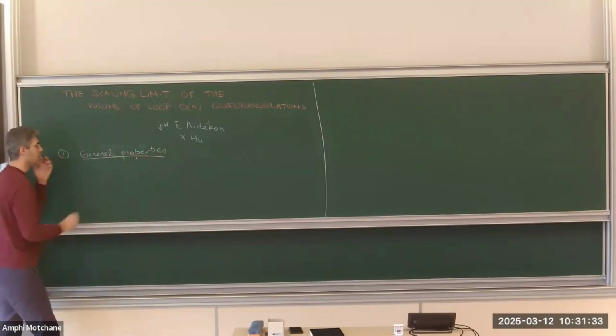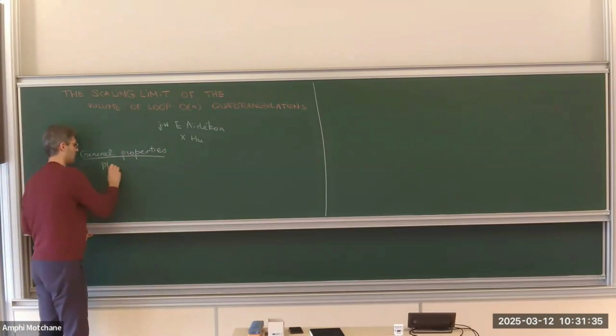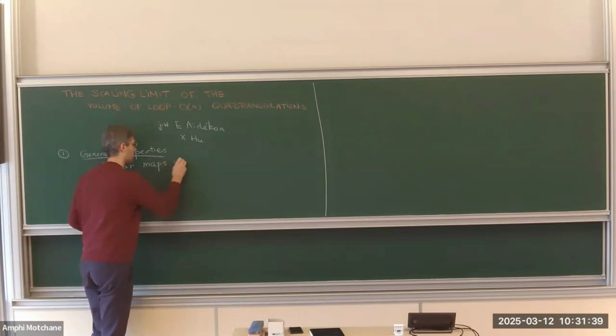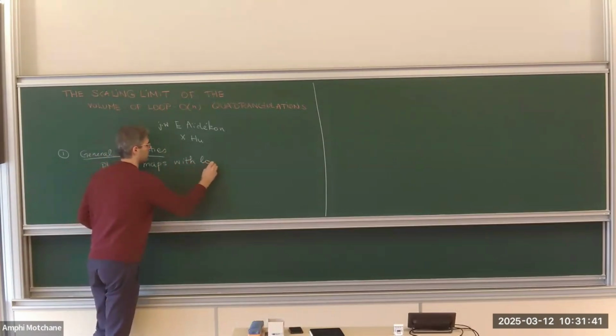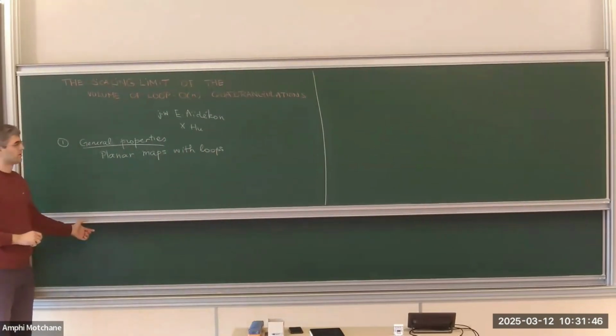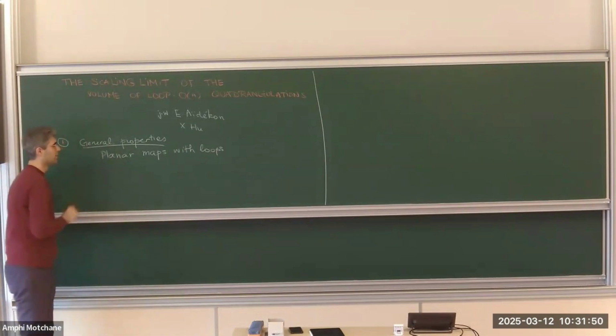So as I said, it's a model of planar maps which are decorated with loops living on the faces of these maps. So I need to define these maps and the loops.